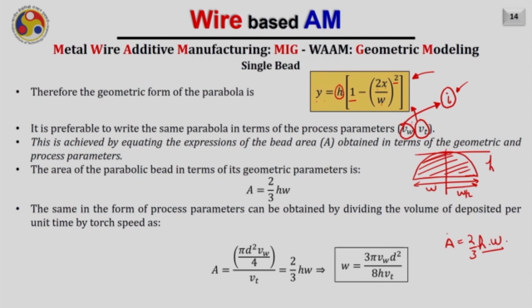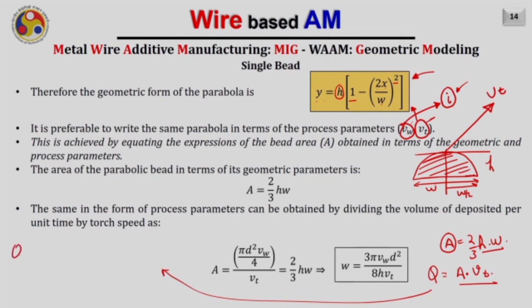If this is the area of the deposited bead and we are depositing with the speed of Vt, that is the torch speed, then the volume flow rate will be equal to area A into Vt. I can write it as Q equals the area, that is 2 by 3 HW, into Vt.